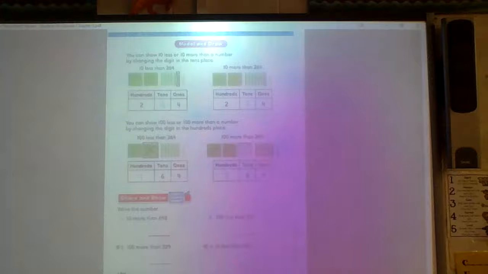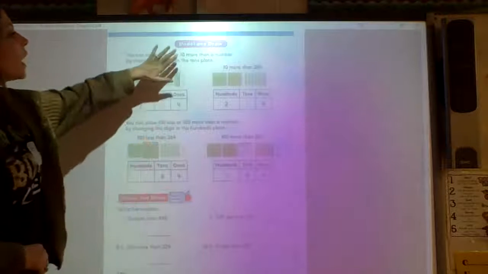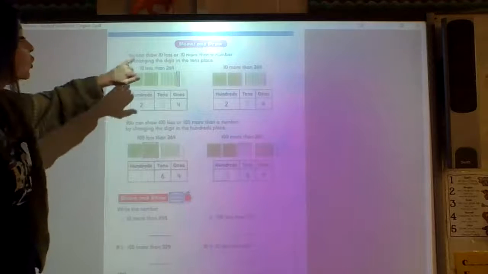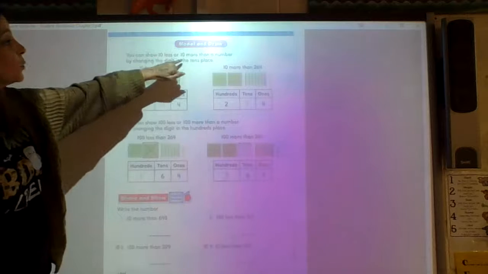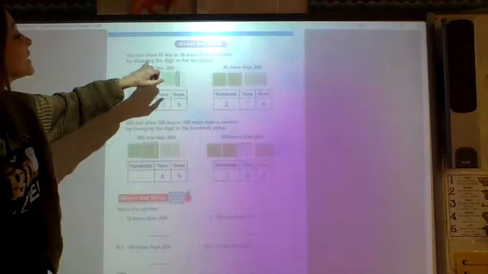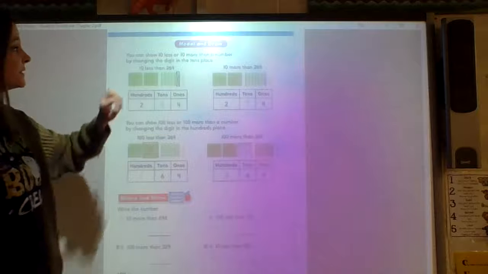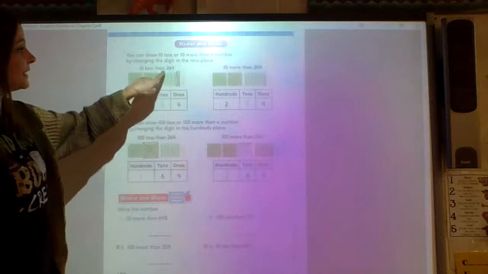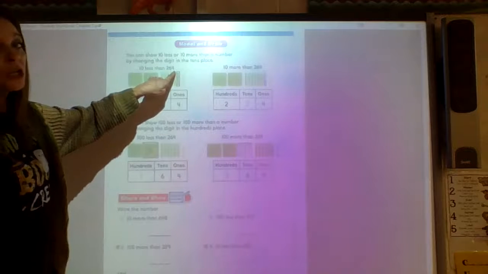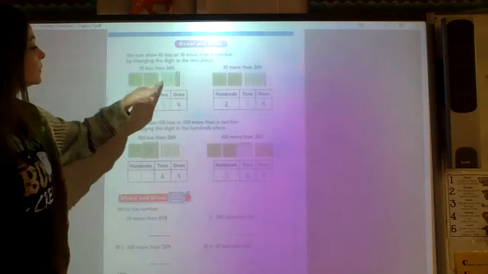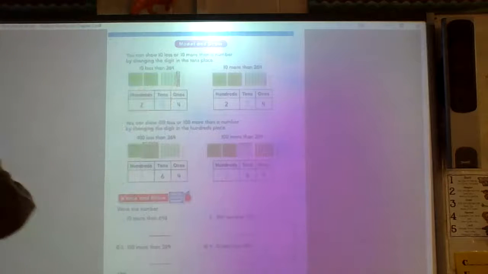which looks like this. Our model and draw says you can show 10 less or 10 more than a number by changing the digit in the tens place. 10 less than 264. Look, they drew their base 10 blocks.